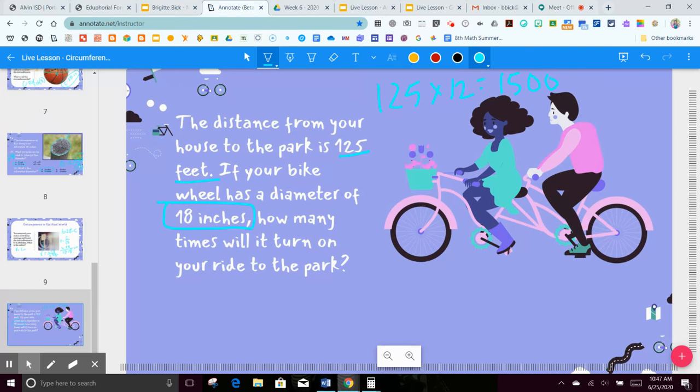So first, we want to find the circumference of the bike tire. They already gave us the diameter. And it is pi times diameter. We know that 3.14 is pi and the diameter is 18 inches. So we're going to go ahead and multiply that out.